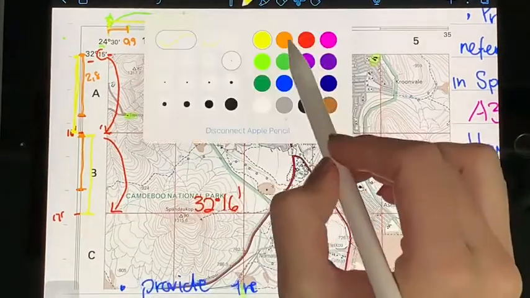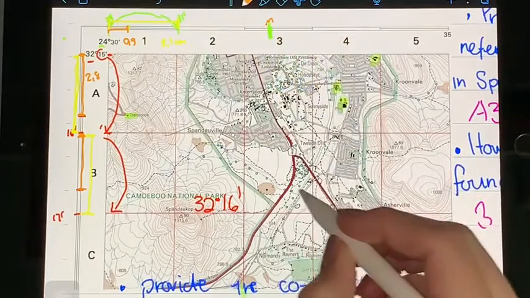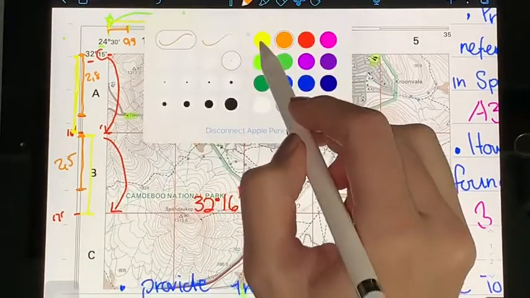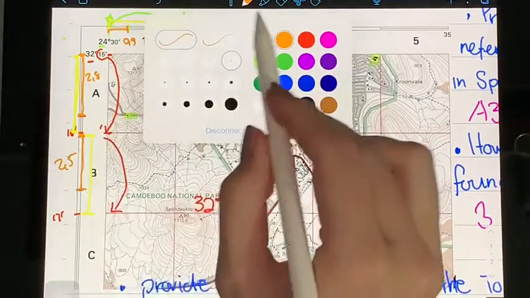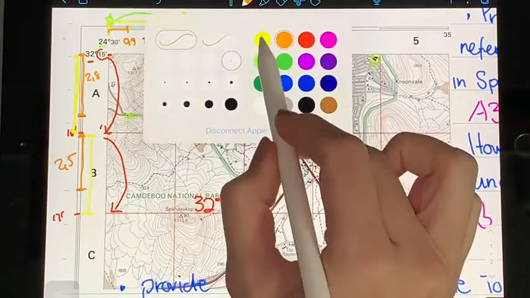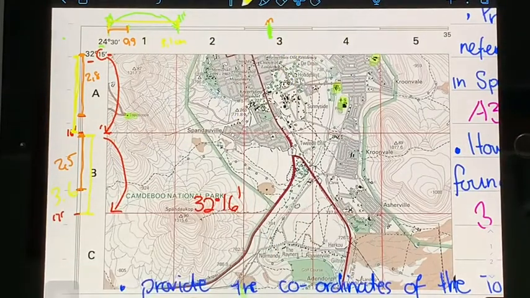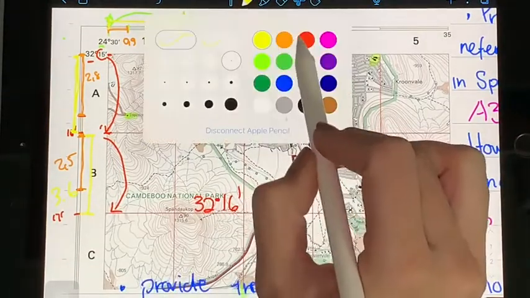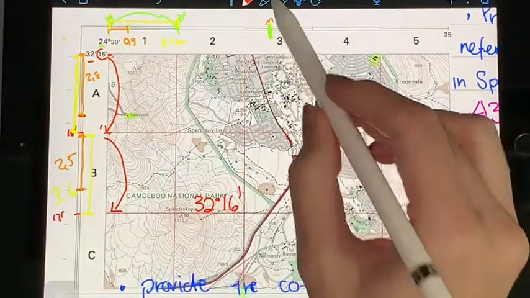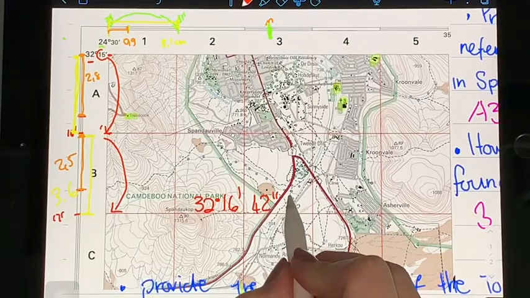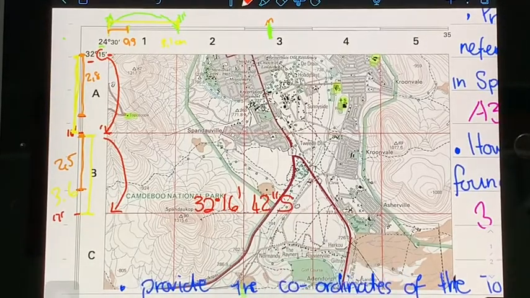I measured A specifically as 2.5 centimeters, and I measured B as 3.6. 2.5 divided by 3.6 times 60 is going to get you 41.6, so you can round it up to 42 seconds. And that is south because it is the latitude.